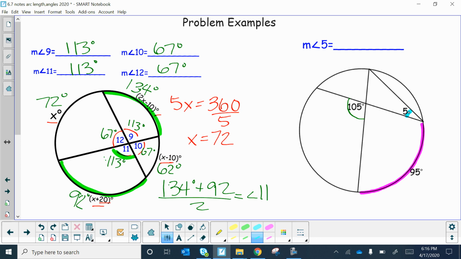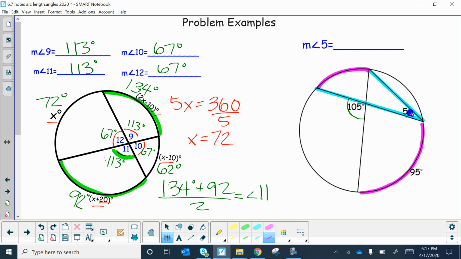Now, one thing I do want to mention is that this is an inscribed angle, which is related to this intercepted arc. So if I can find this intercepted arc, then I can just take half of it, and that'll get me the inscribed angle right there, which is angle 5.